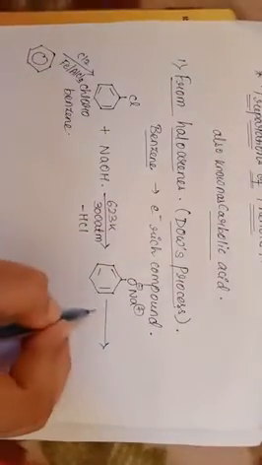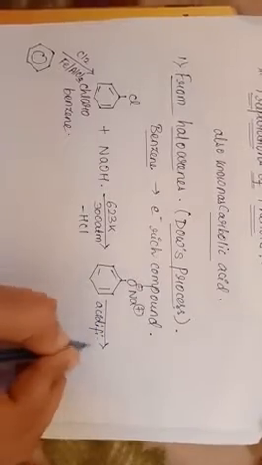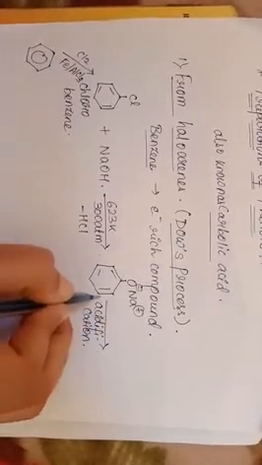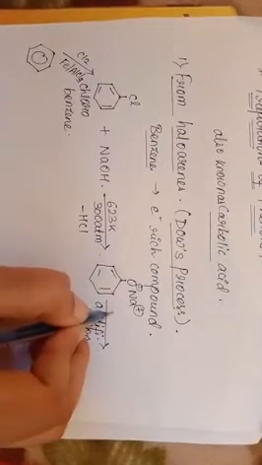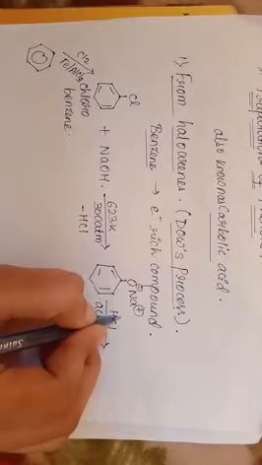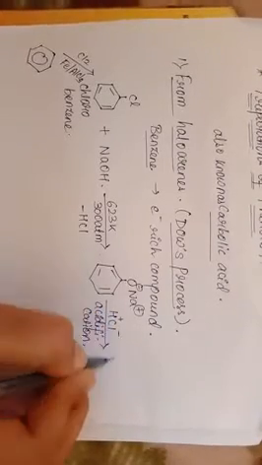Now we know that this is the negative part and this is the positive part. So further on acidification, for acidification we need to add a strong acid. So we will add HCl. We know that in HCl also H plus is present and Cl minus is present.